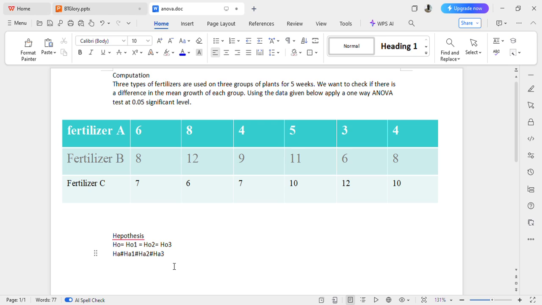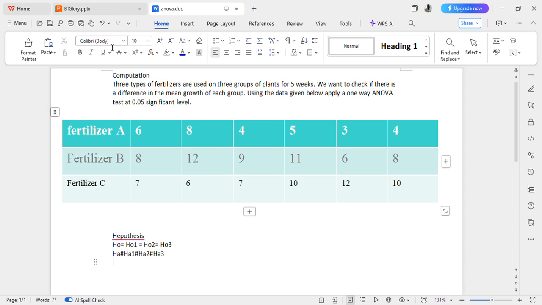So we have identified our hypotheses. That means the means of the 3 fertilizers are not equal. They are different. Right. Now we do the means.